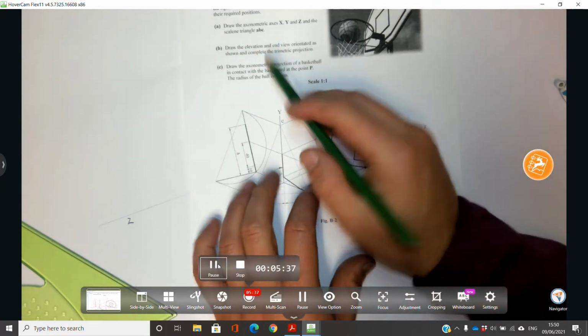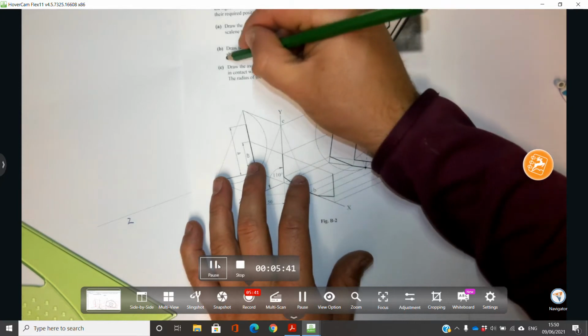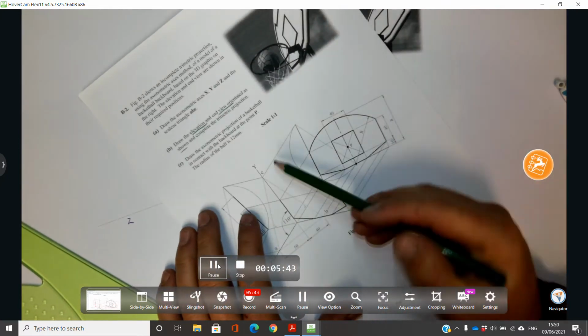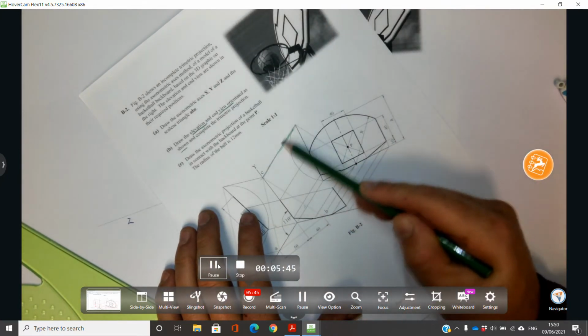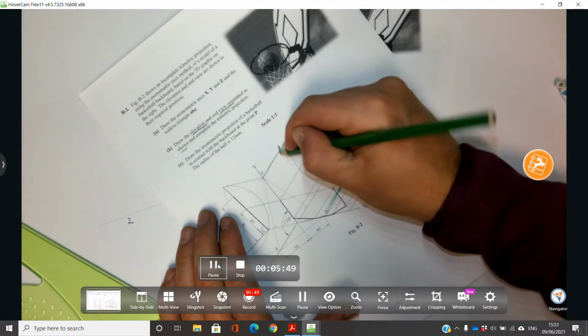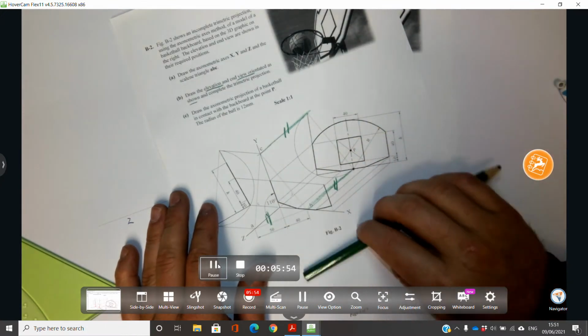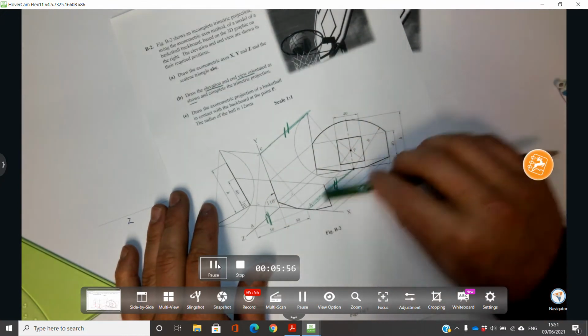To draw the elevation and end view, orientated as shown, I'm going to draw lines out from C and B parallel to the z-axis. What distance am I going to draw them out? It can be any length.